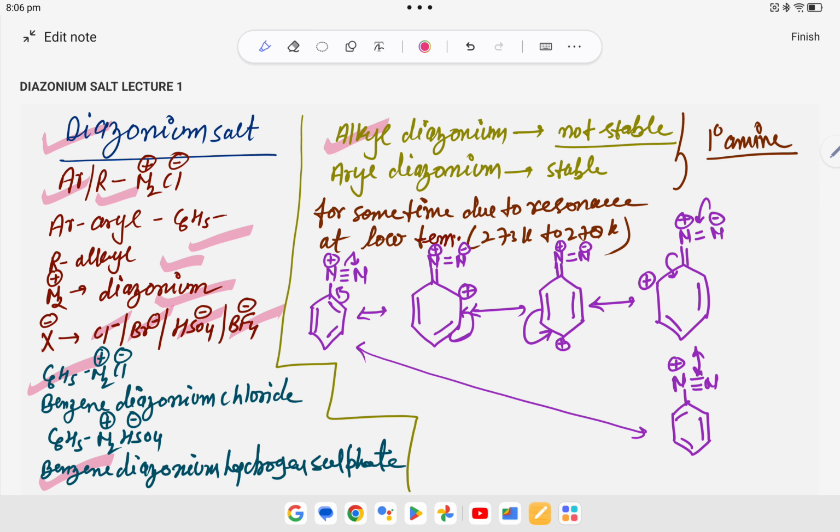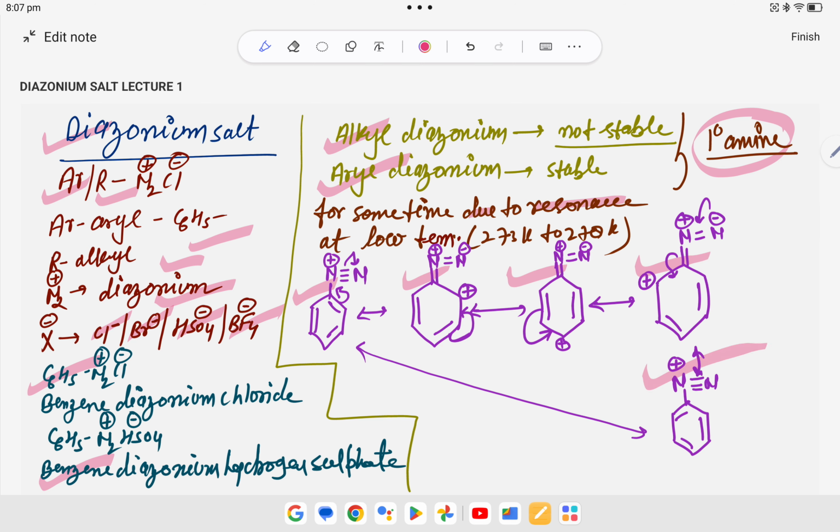Alkyl diazonium salt is not stable. Aryl diazonium salts are stable for some time due to resonance at low temperature, 273 Kelvin to 278 Kelvin. This talk is only for 1 degree amine. Resonance, here I explained 1, 2, 3, 4, 5. So this is the basic information.